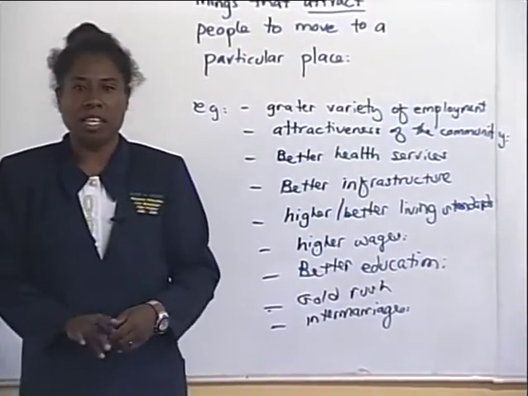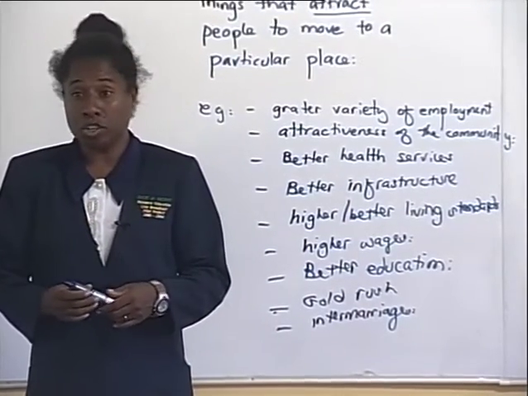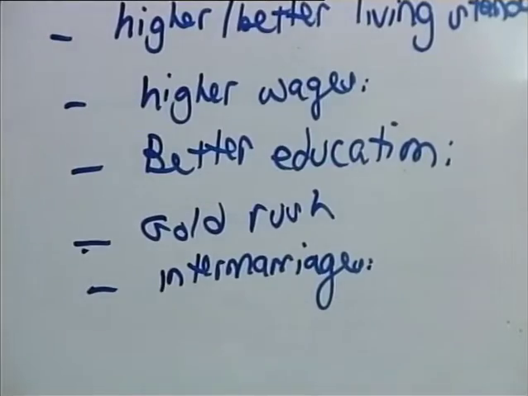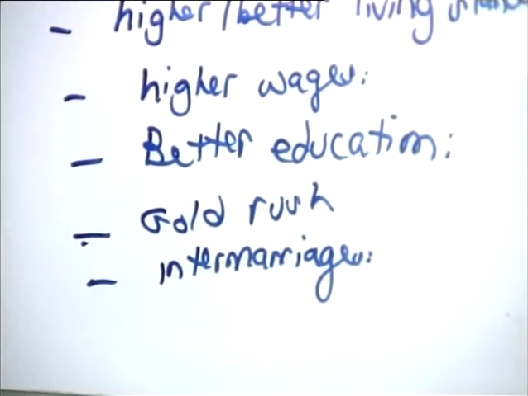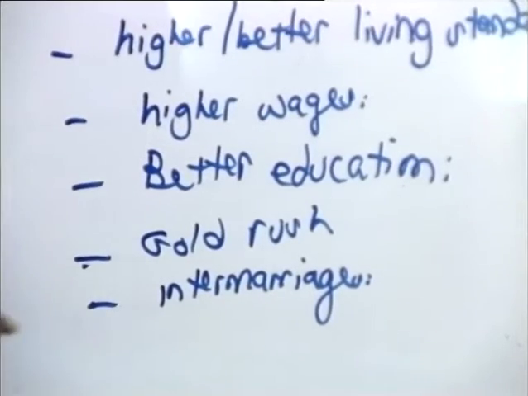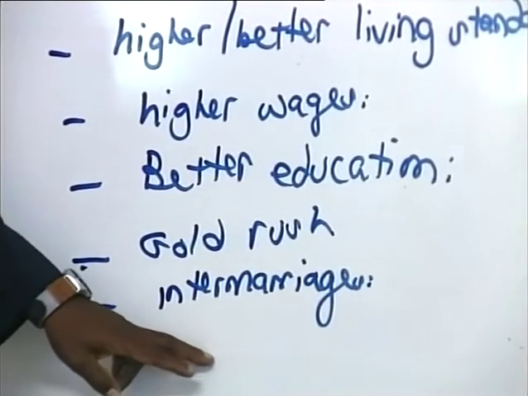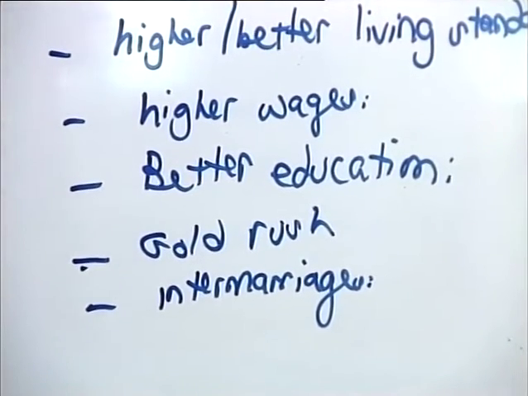Intermarriages, sometimes yes, definitely. People going out there on the social prospect, perhaps going to get married, looking for their partners, and it might be one of those things that is attracting them to that particular place or area. Okay, I've just put it down as intermarriages. I hope that will explain what Kiran is actually trying to get at. Okay, any other factors that we can also include for pull factors?